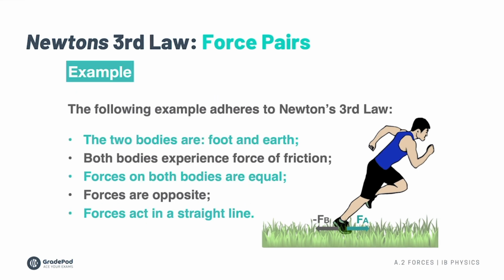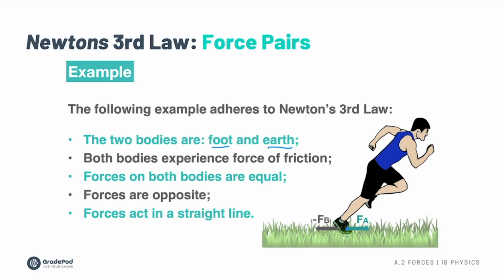Here's an example of a man running. The first rule was, are the forces acting on two separate bodies? Well, one force is acting on the foot here, and the other force is acting on the earth. So yes, the first rule is adhered to. The second rule was, do they both have the same type of force?